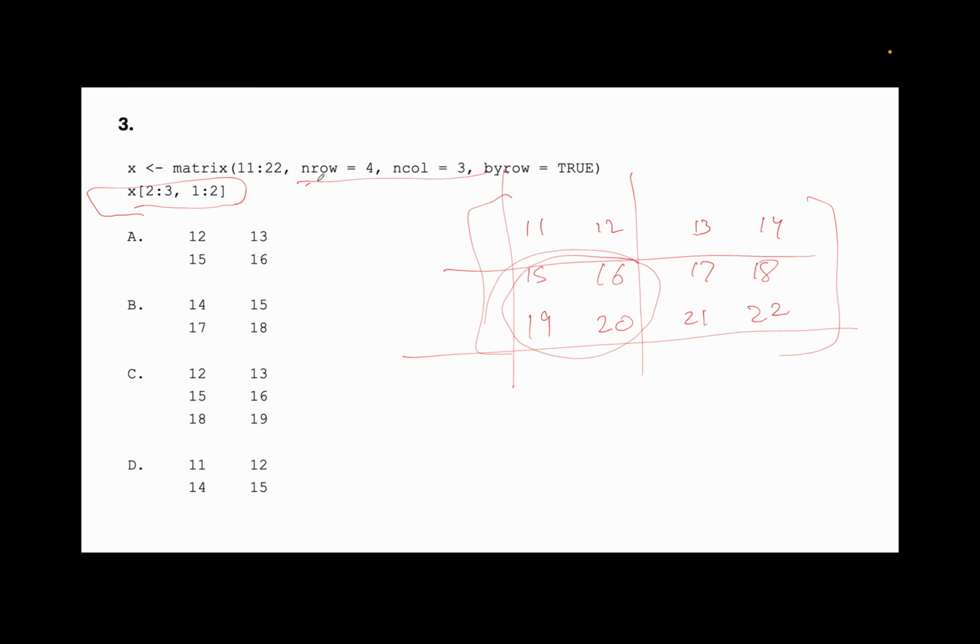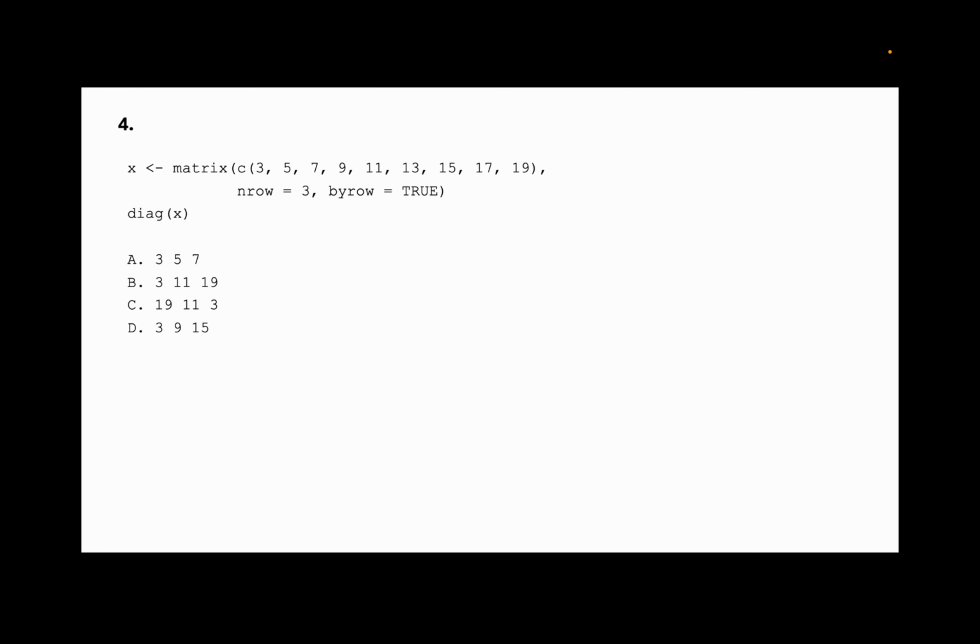It is saying 4 rows and 3 columns, so 11, 12 and so on. Second and third row, so B is the answer. Yes.